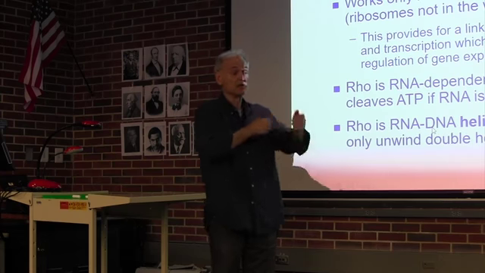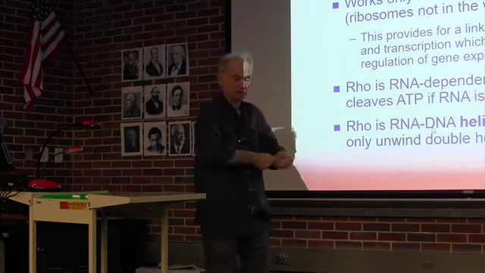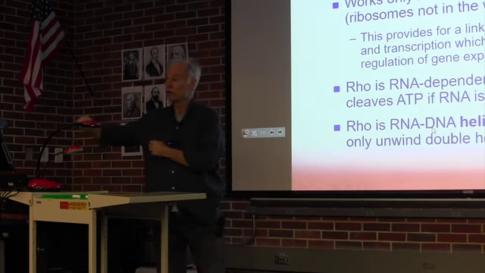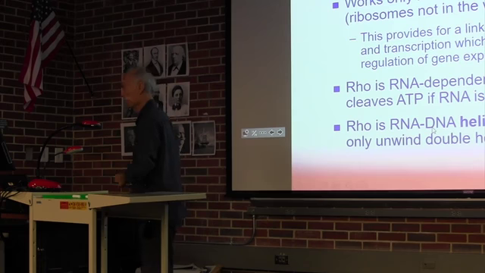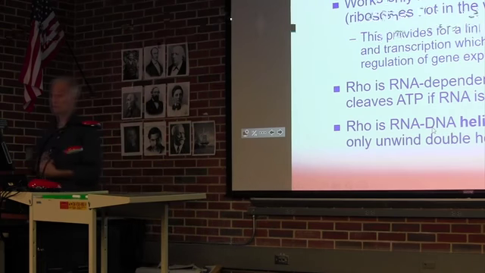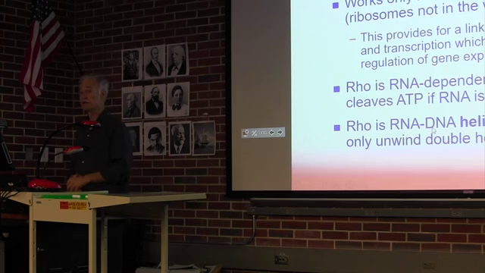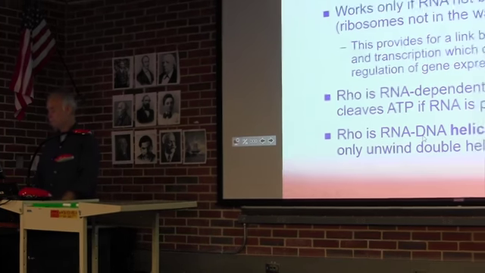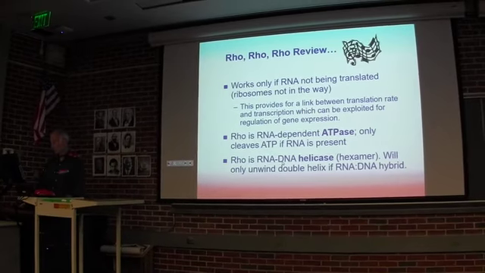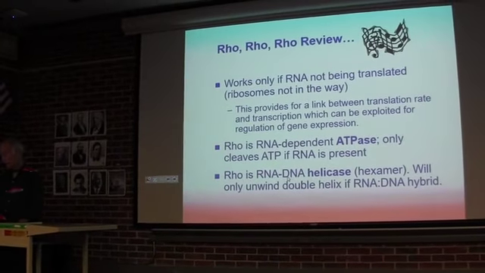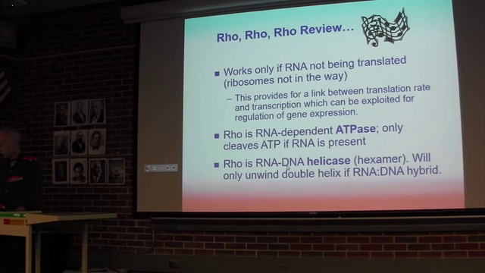It just pulls the transcript away, rips it from that duplexed area, and pulls it out the exit pore. Because it can't physically go inside the RNA polymerase unless it displaces the RNA polymerase, which is very hard to do because that's a ternary complex, right? So that's my own interpretation of how it acts as a helicase, but it's not really a helicase mechanism if you think about it.